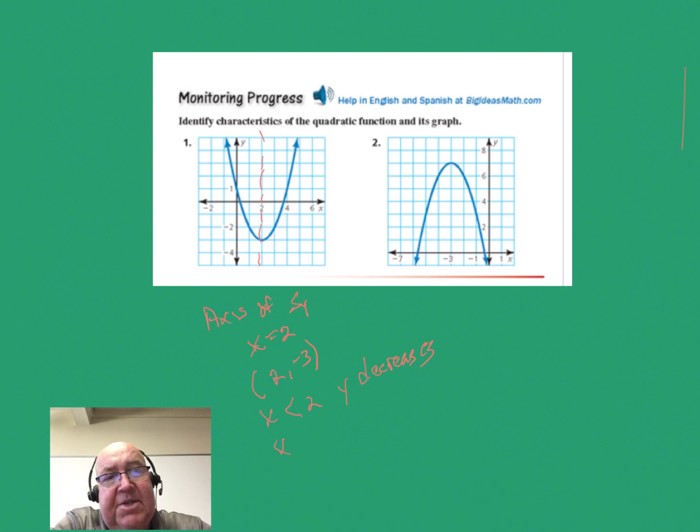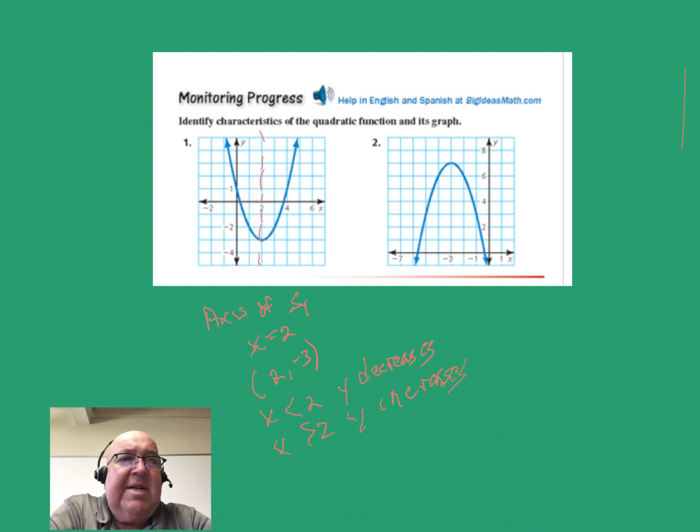When x is greater than 2, y increases. So the domain of this would be all real numbers, so any x values could go out as far left or right as possible. The range would be y is greater than or equal to -3.